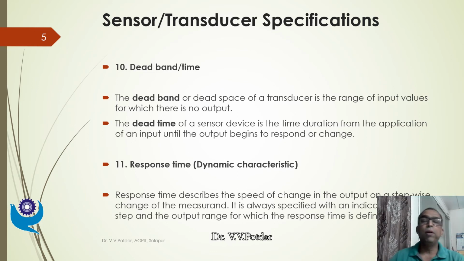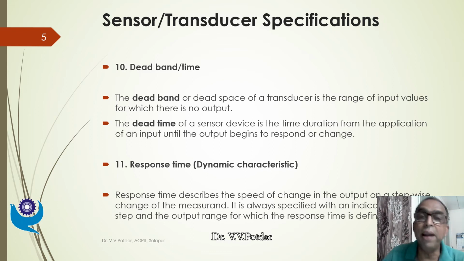The value of the input pressure till the analog pressure indicator starts, the pointer starts moving, that band or that space for which there is no sense signal, there is no indicated signal, that is called the dead band of a transducer.